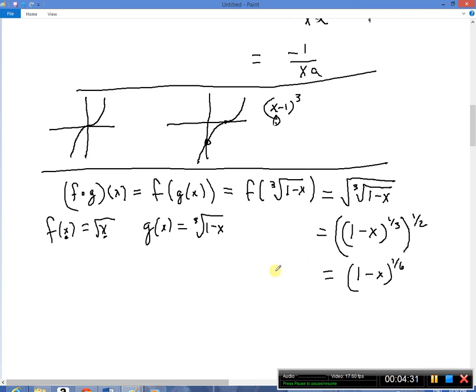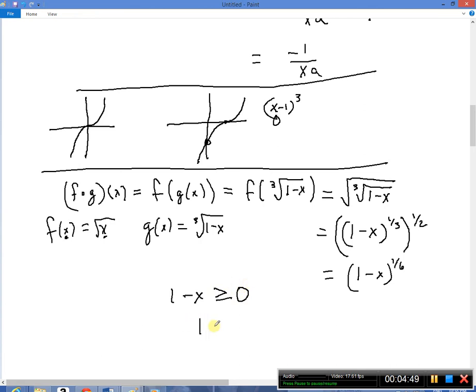The last part of the question asks, what's the domain? Well, the 6th root is kind of like the square root. You can't take the 6th root of a negative number. So what that means is that 1 minus x cannot be negative. Or in other words, 1 minus x has to be greater than or equal to 0.